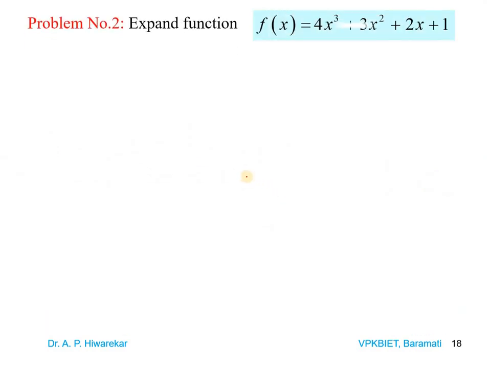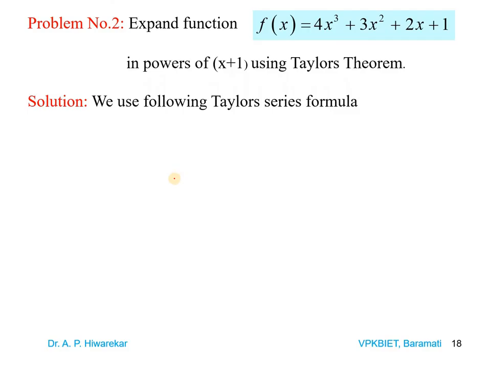Okay. So next problem. Expand the function f(x), which is equal to 4 into x cube plus 3 into x square plus 2x plus 1, in powers of x plus 1 using Taylor's theorem. So how do you do this?